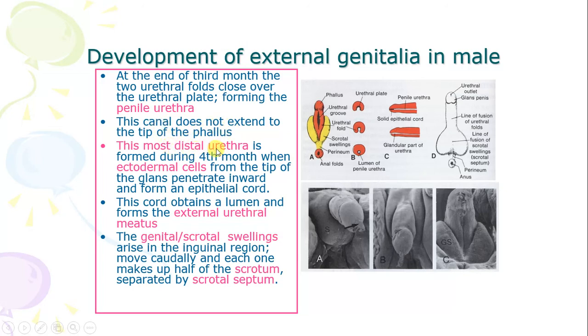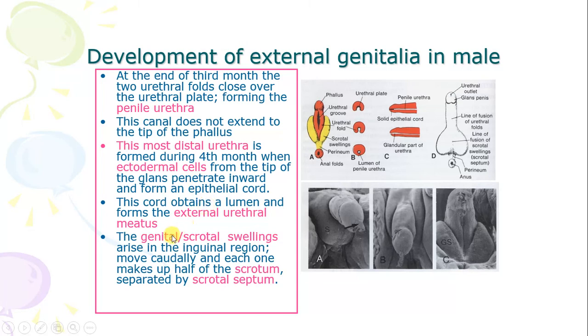The most distal urethral part is formed in the fourth month, when ectodermal cells from the tip of the glans penetrate inwards and form the epithelial cord. These cells obtain a lumen and form the external urethral meatus. So the external urethral meatus is formed by the ectoderm.